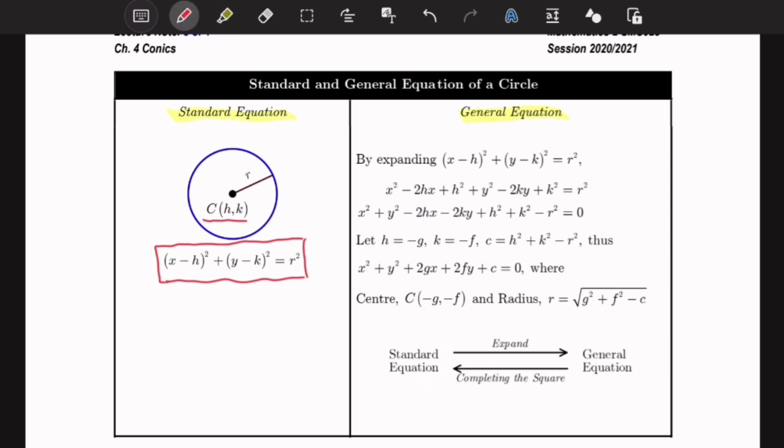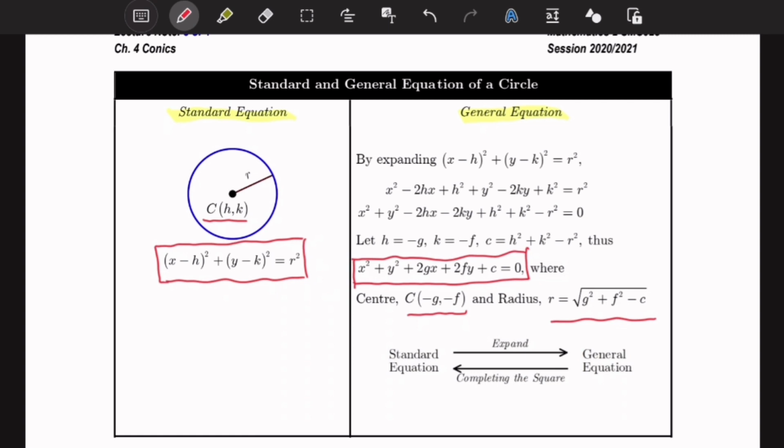So I'm going to highlight the general equation. What we can get from the general equation is the center C, given by (negative g, negative f), and the radius we can calculate from the square root of g squared plus f squared minus c.